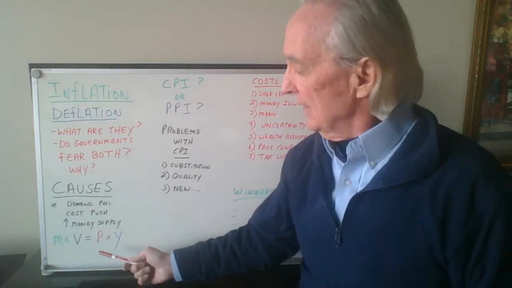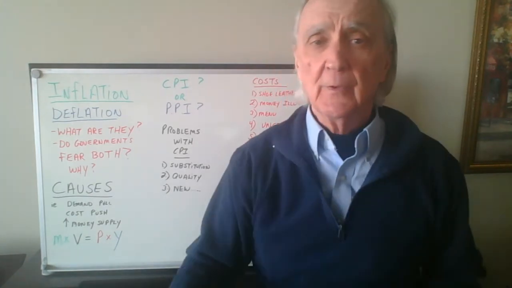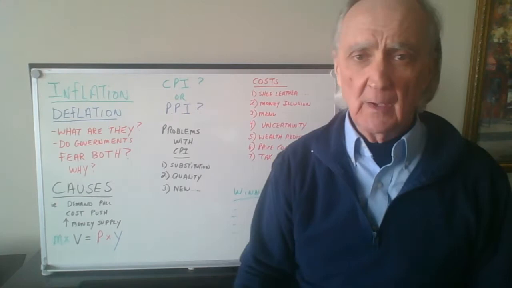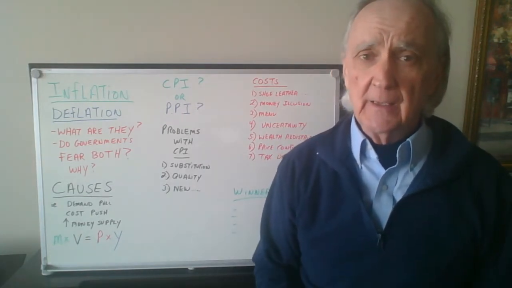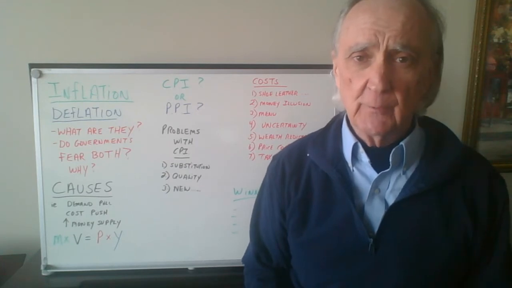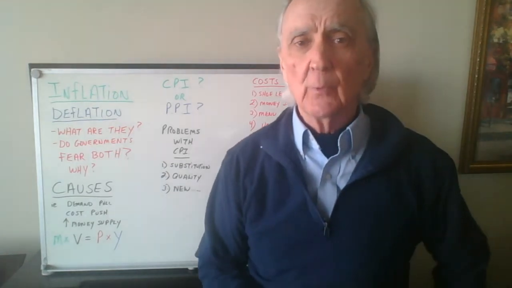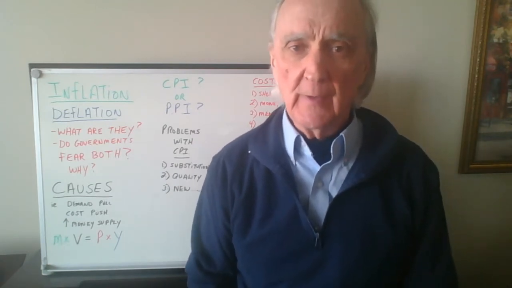So price times quantity is equal to the money supply times the number of times it turns over. Now, why would a government increase their money supply? Well, it's very tempting for a government to increase their money supply. It can pay for certain items or certain debts. Unfortunately, it can get out of hand.